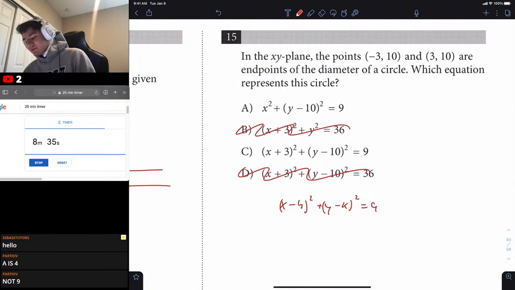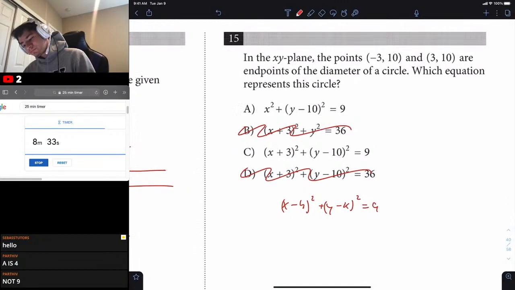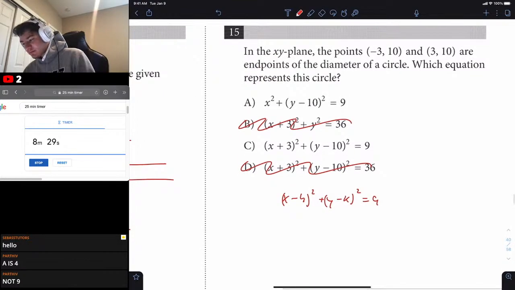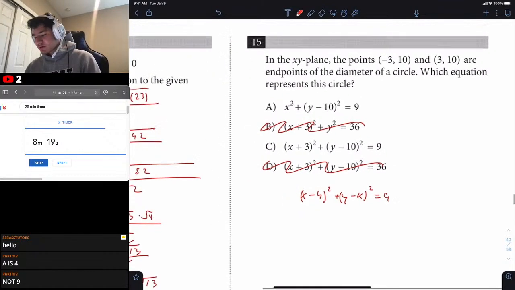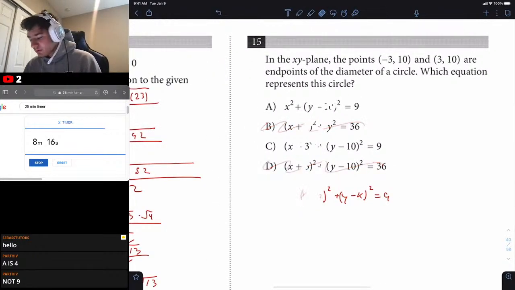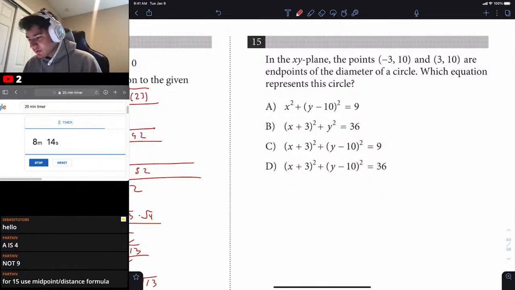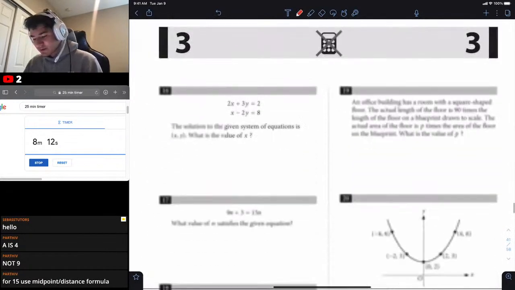Which equation represents the circle? (0, 10). Doesn't make sense that it would have a center (0, 10). (3, -10). I'm not sure about this. Hold on. I might have to come back to this. I don't know why I'm having a brain fart. We'll move on to the easy ones here.